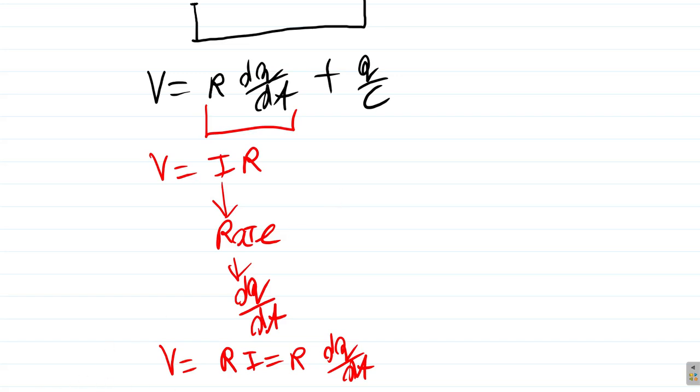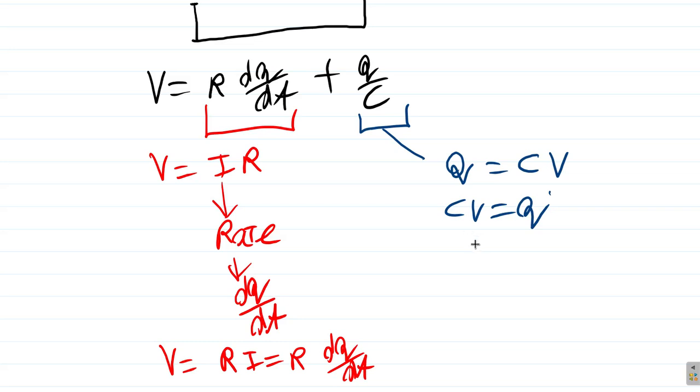Now, how about this part here? The charge on a capacitor is equal to the capacitance times the voltage that appears across the capacitor. So if we divide both sides, CV is equal to Q. Dividing both sides by C, we have the voltage is equal to the charge divided by the capacitance.